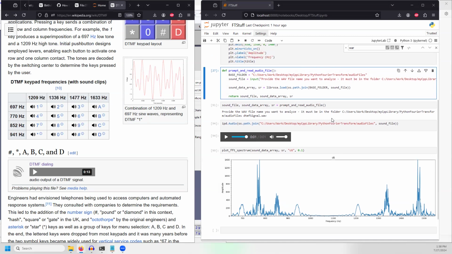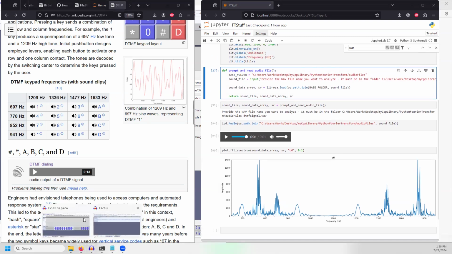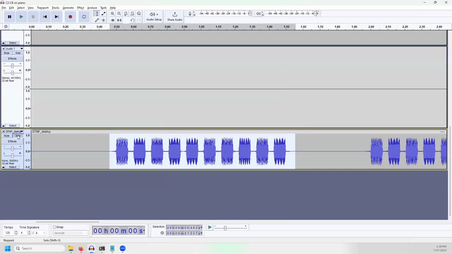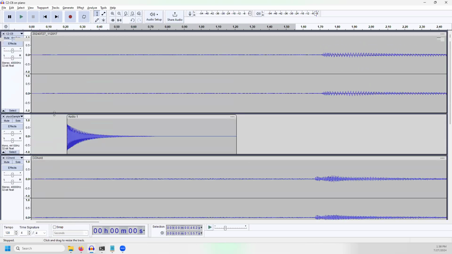And other things, if we bring up this, this is C2 through C6.